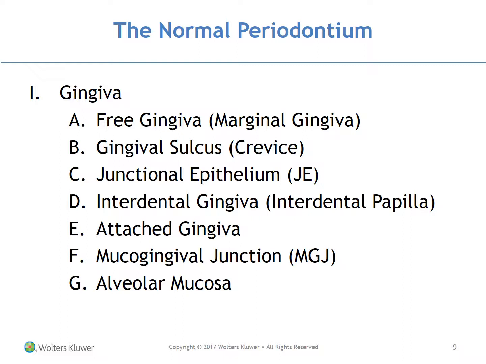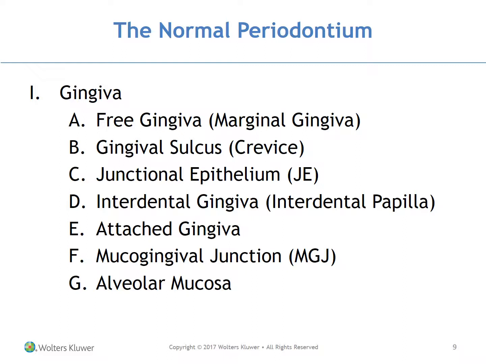Now, our free gingival groove is a shallow linear groove demarcating the free form of the gingival margin from the attached gingiva. In health, about 1/3 of teeth may show this visible gingival groove.